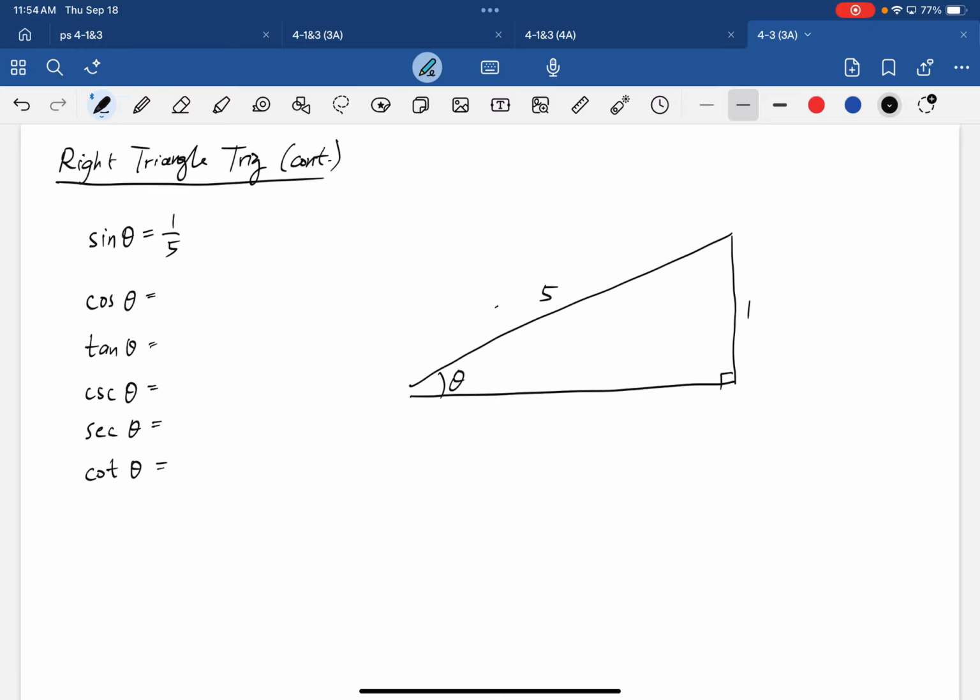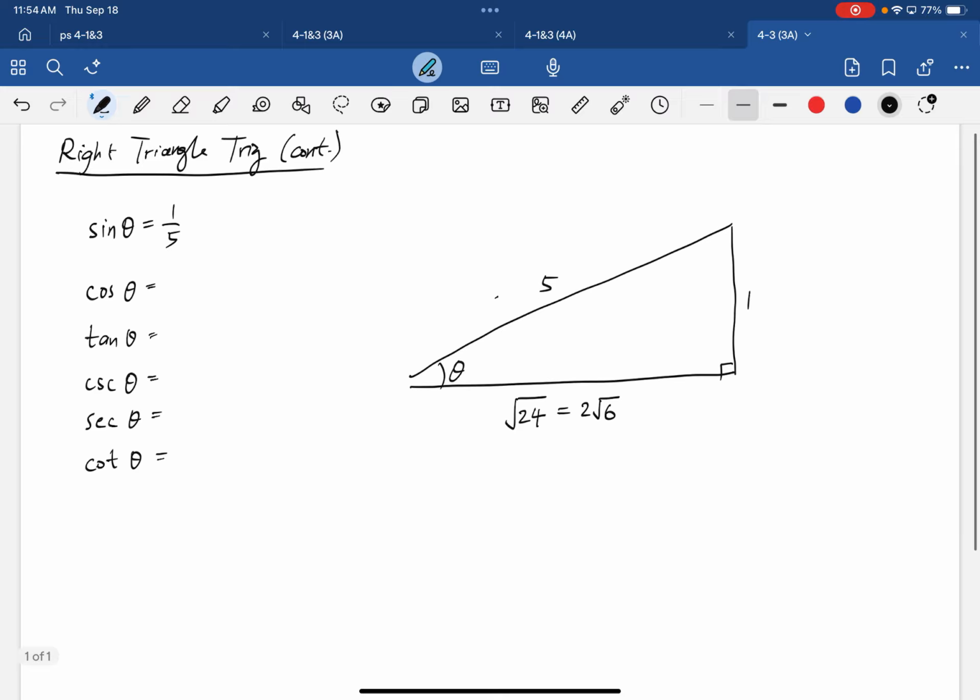The square root of 24, which simplifies to 2 square root of 6. Good. We just used the Pythagorean theorem to find that, 2 root 6.